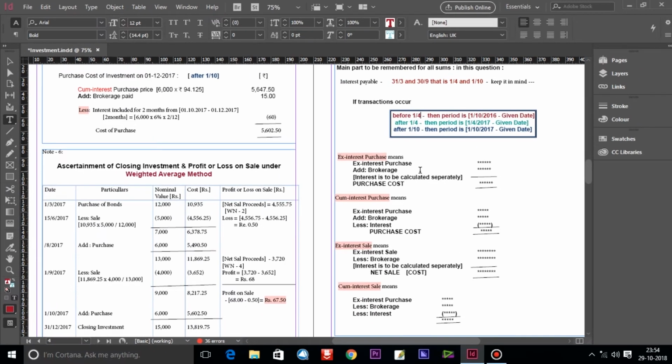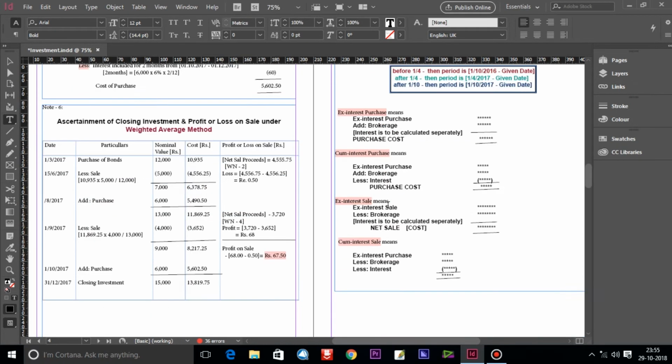X interest purchase means you have to take the amount of X interest purchase plus brokerage. Interest on that amount will not be considered because it is mentioned that it is an X interest purchase. When it comes as cum interest purchase, then you have to deduct interest and add brokerage.